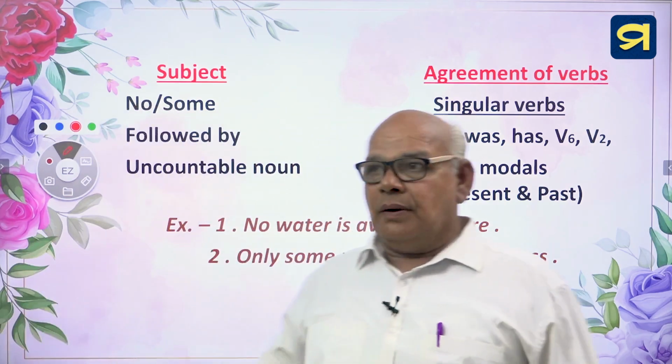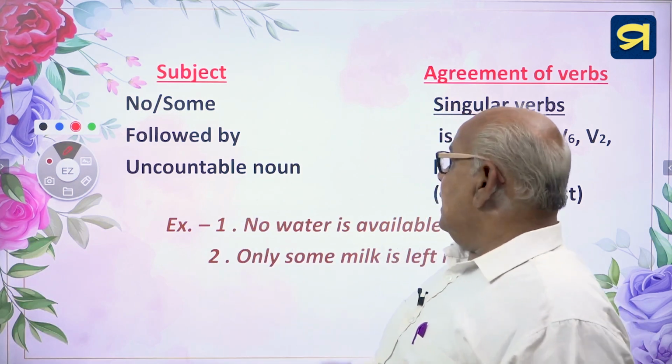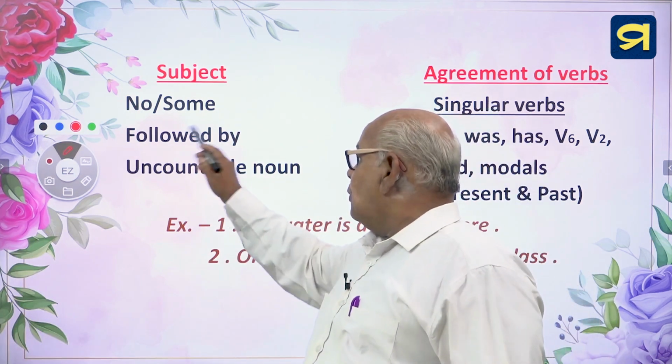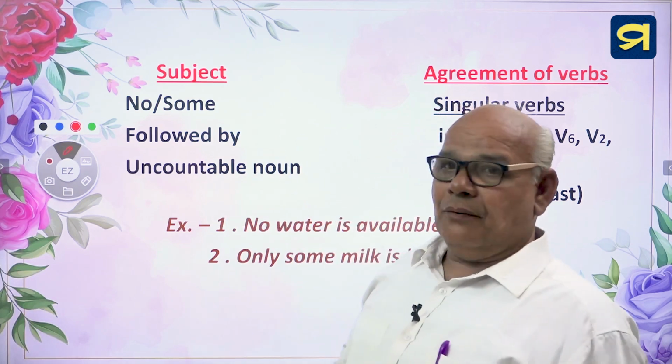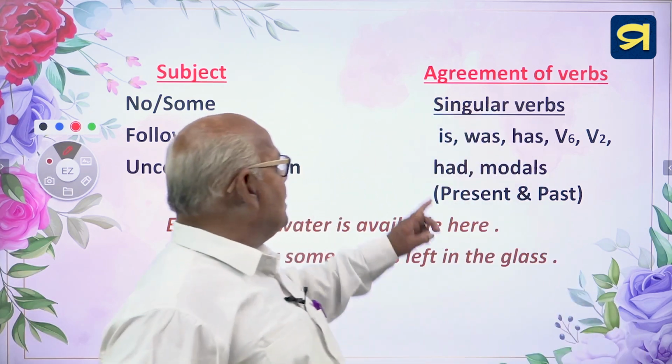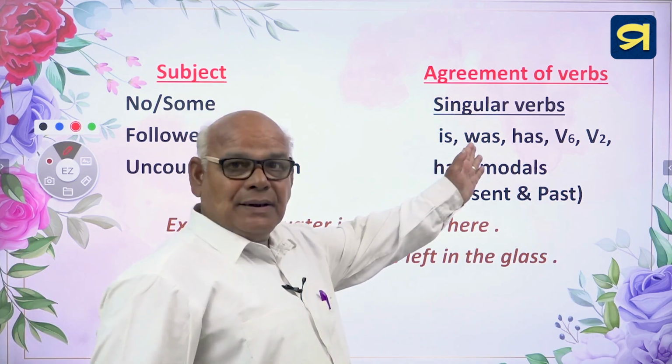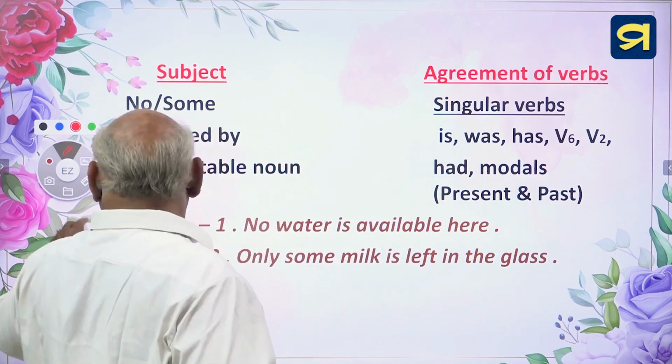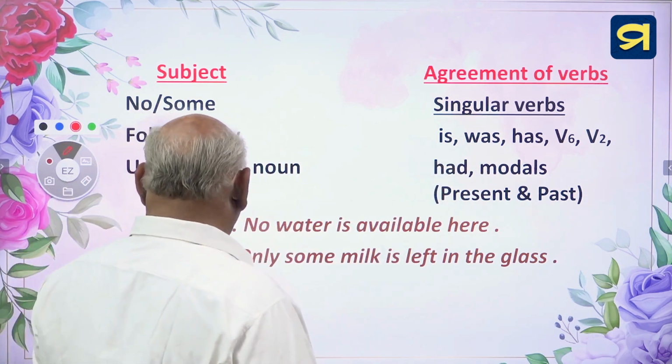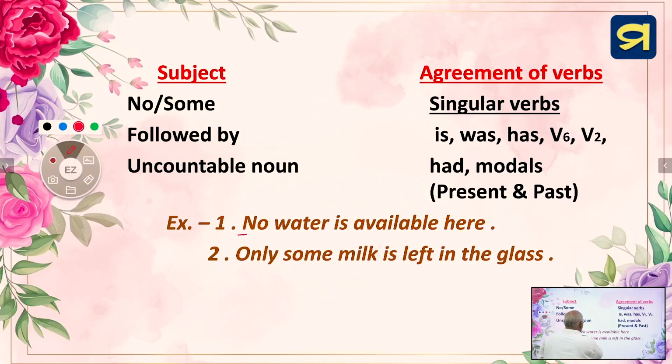No or some, if one of them is followed by an uncountable noun, then it takes a singular verb. Now, we will discuss some examples. No water is available here.